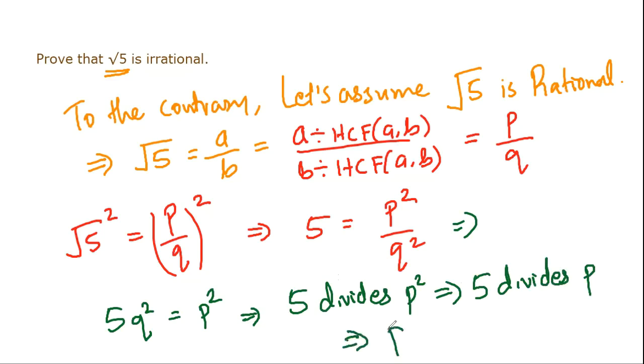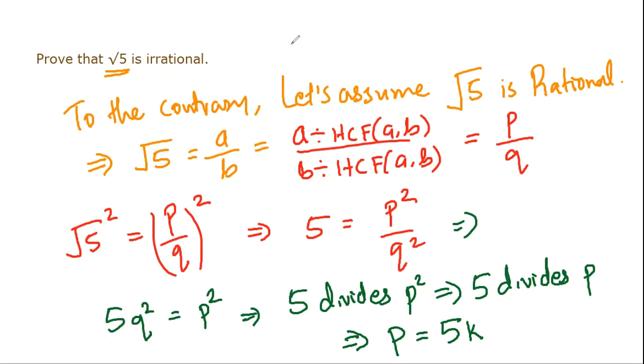Then I can write p as 5 into k, where k is a suitable integer. So 5 divides p, 5 is a factor of p. That means I can write p as 5 times k for some integer k. If so, I can rewrite the connection between q and p.